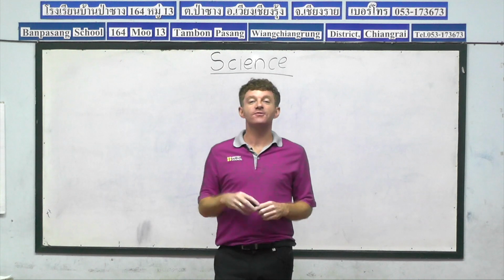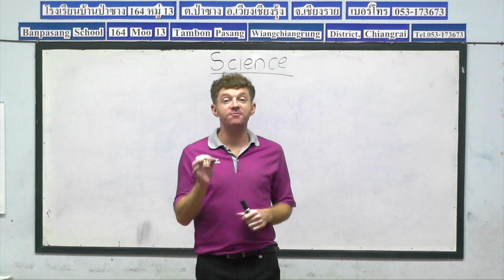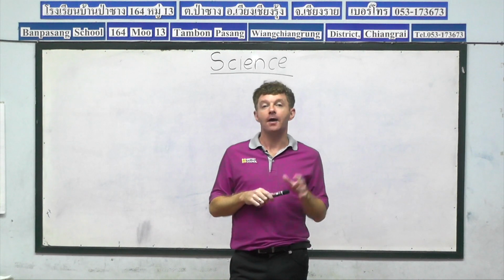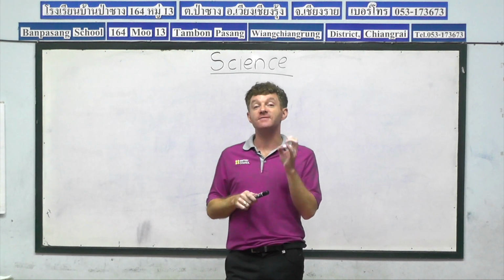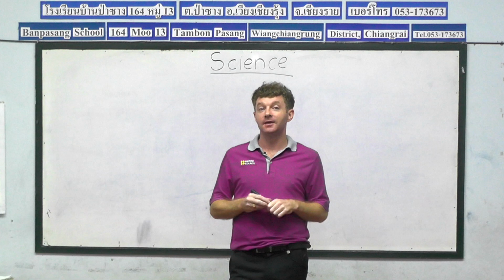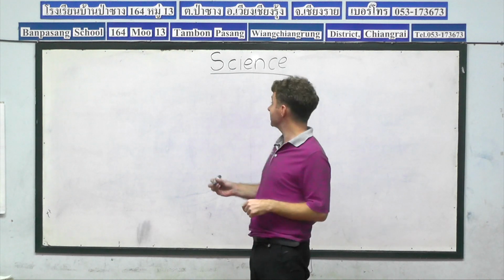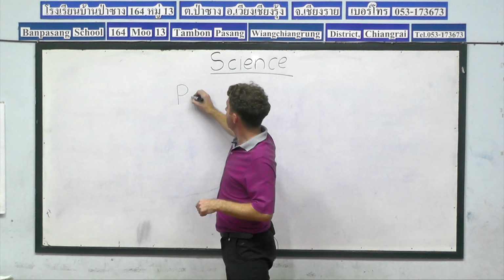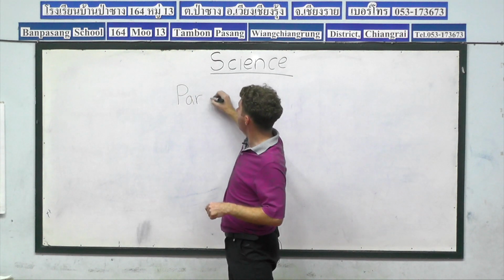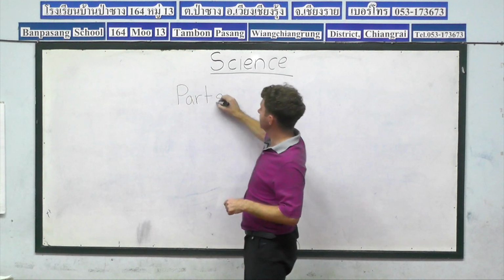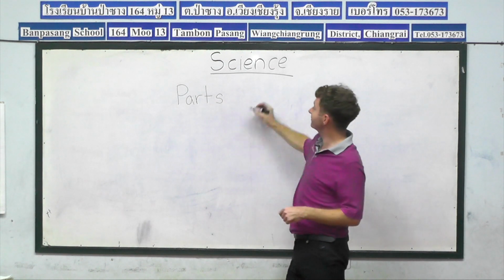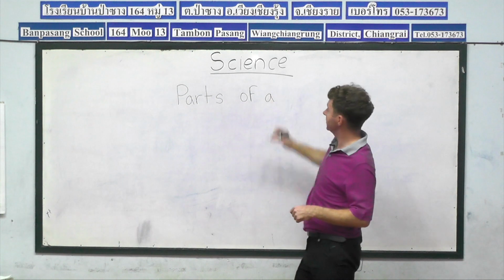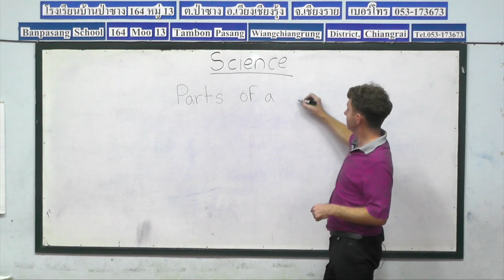So what we're going to do now is we're going to do a brief board exercise to design our own plant. And what we're going to do is look at the different parts of a plant. So first of all, guys, let's write that on the board. Parts, P, A, R, T, S. Parts of a plant.